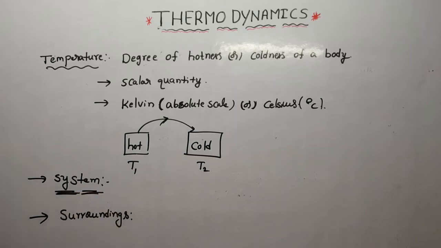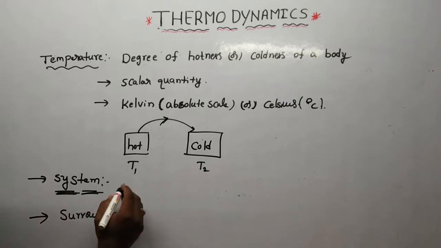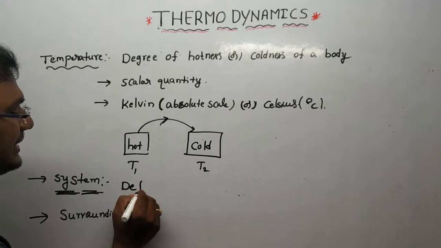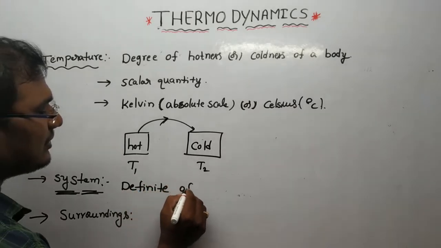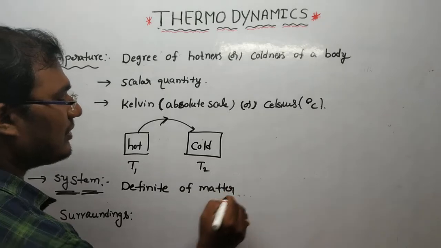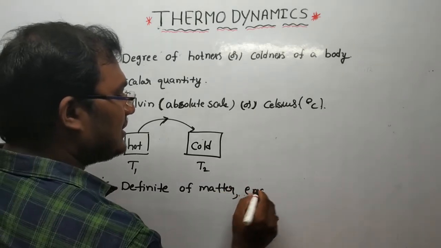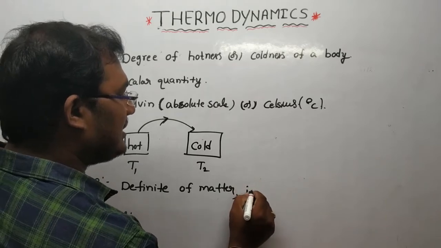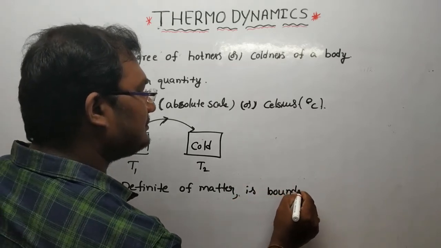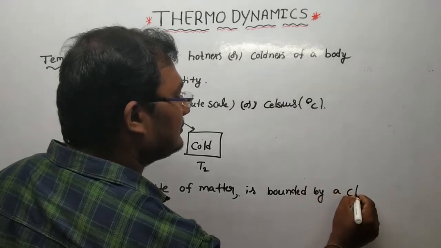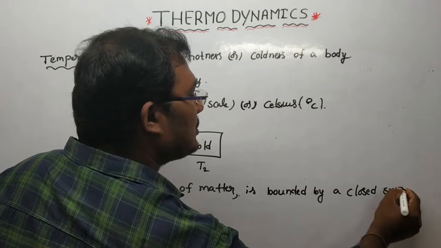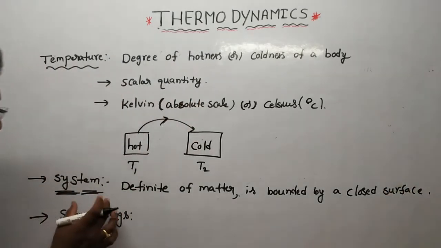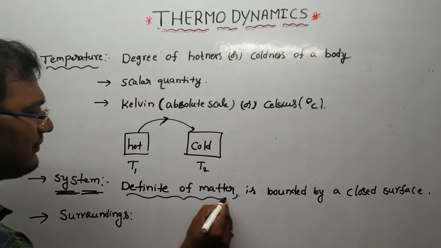What is the system in thermodynamics? A system is nothing but a definite quantity of matter that is enclosed by a closed surface, or bounded by a closed surface.